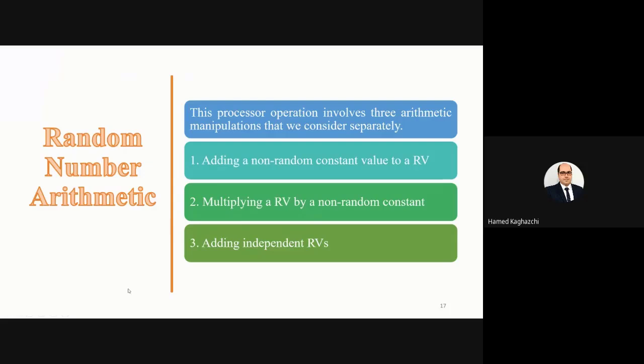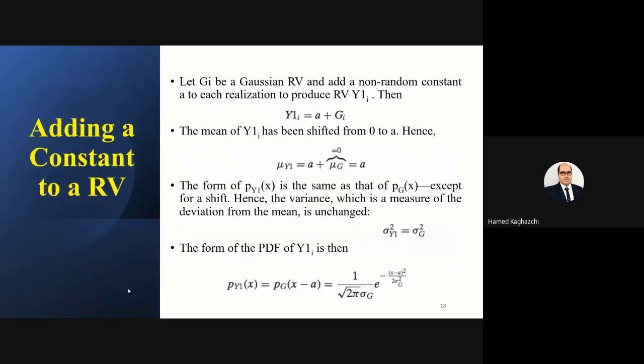To reach this aim, this processor operation involves three arithmetic manipulations. The first one is adding a non-random constant value to the random variable, the second is multiplying a random variable by a non-random constant, and the third one is adding independent random variables. Let's investigate these three arithmetic manipulations.